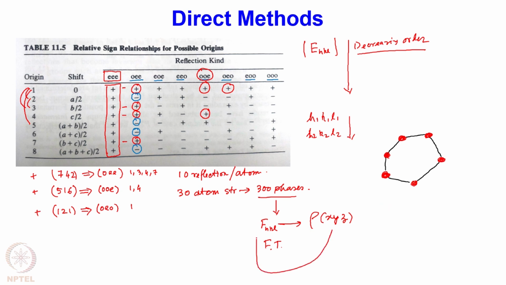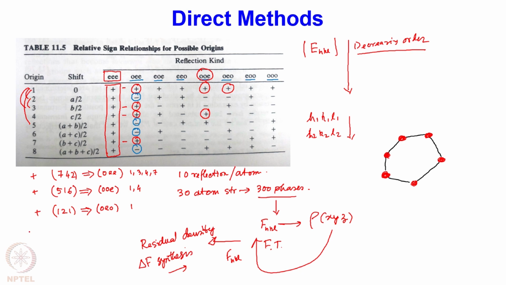What we do is then do the inverse Fourier transformation and try to get the residual density from a delta F synthesis, and we try to complete the structure. And if this phase guessing method is wrong, that means we start going back and forth in this method.